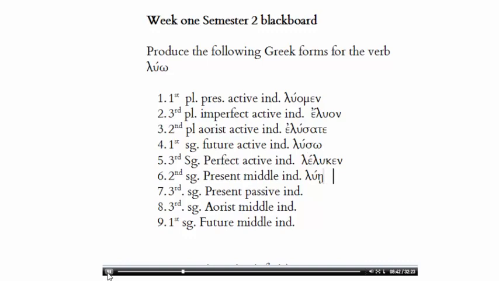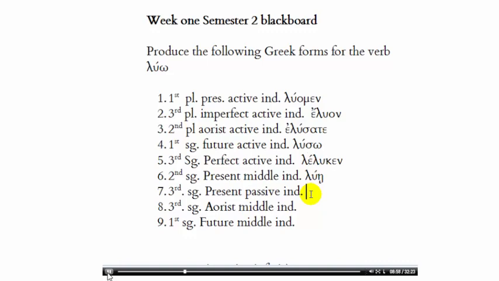So you get lue. And that's why you get that form there. But it's helpful if you remember the sigma was there originally, because that sigma actually does come up in other forms, like the perfect, for instance. All right, moving on.